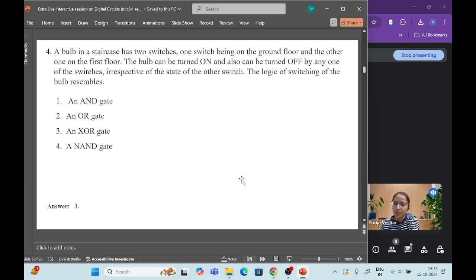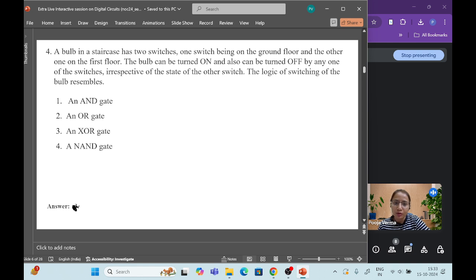The next question is: a bulb in a staircase has two switches, one switch on the ground floor and the other on the first floor. The bulb can be turned on and also turned off by any of the switches, irrespective of the state of the other switch.